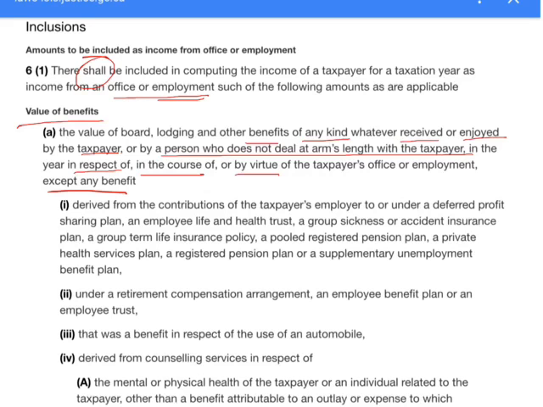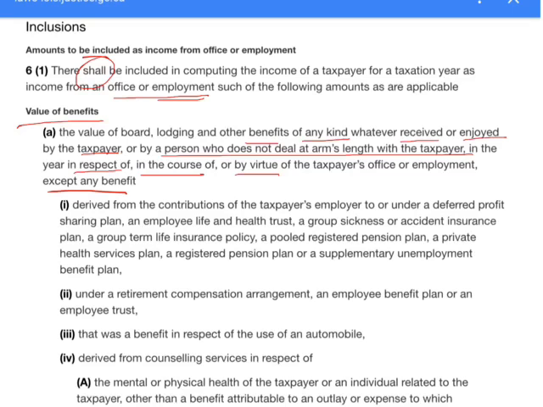If you can't find an exception, either in the Income Tax Act, or we'll briefly explore some of the things that are not captured as benefits just because, and we'll talk about those separately. But if you can't find it in the Income Tax Act, then your default position should be if the taxpayer received it from their employer or because they worked for that employer, then it must be included in income.